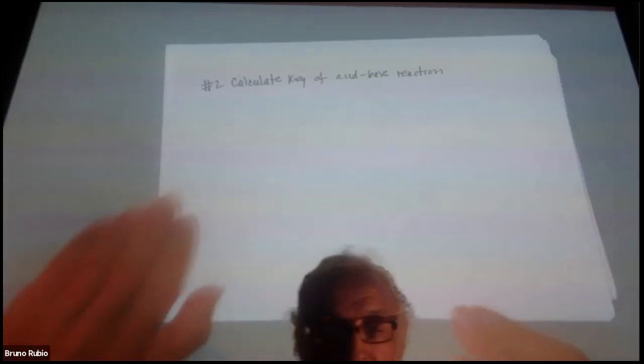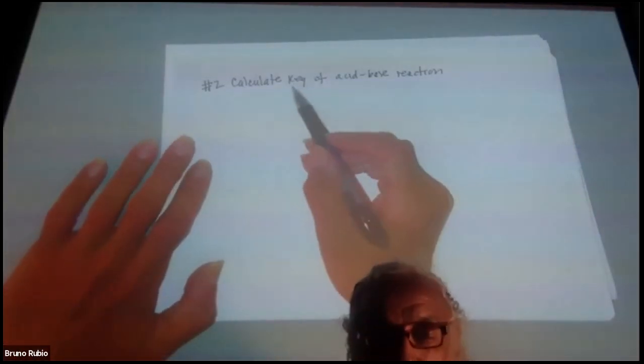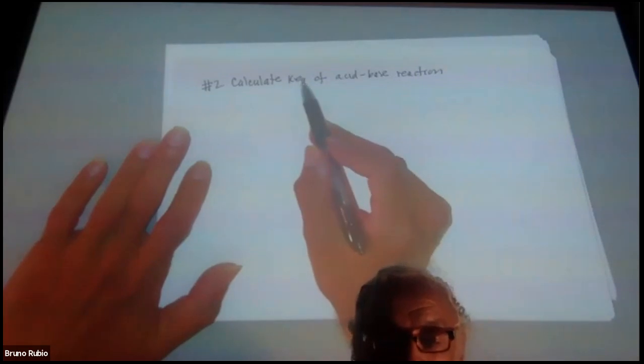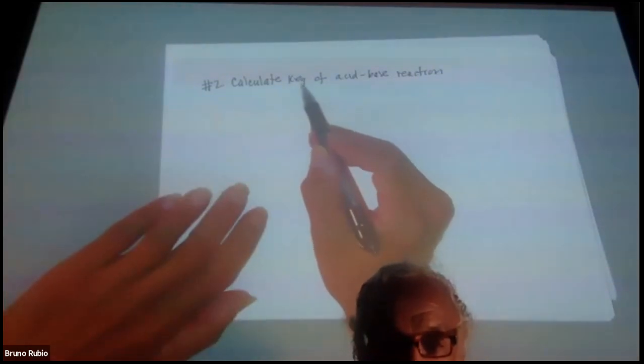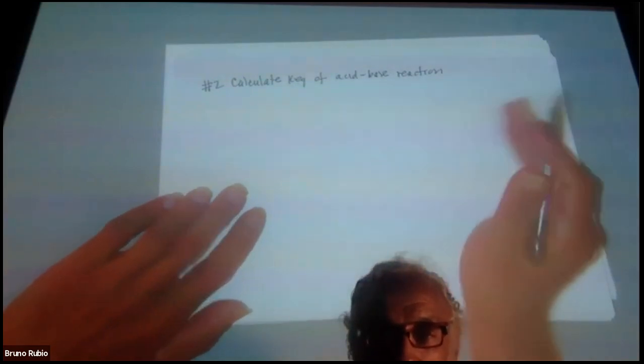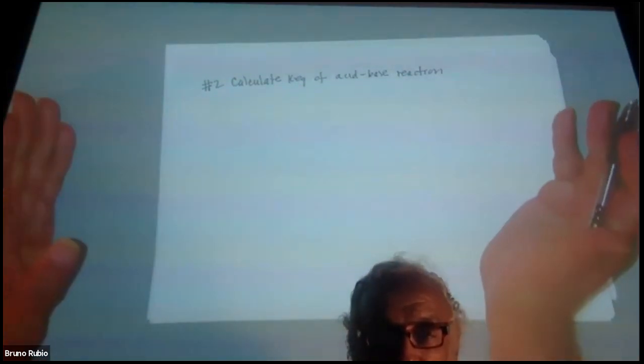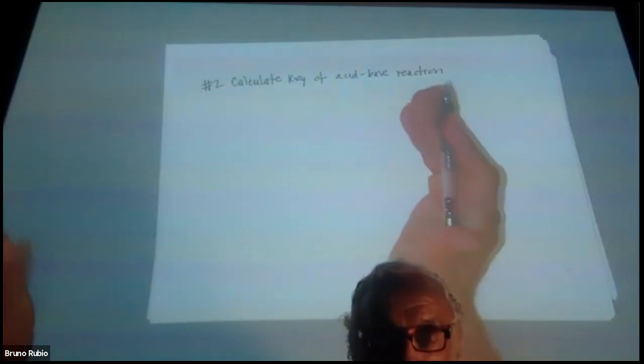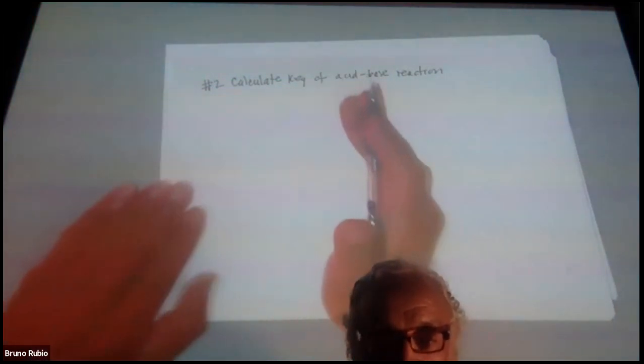less than 1. So we can use the table of pKa's to calculate whether an acid-base reaction is going to give a big percent yield of product, or it's going to give a pathetic percent yield of product.